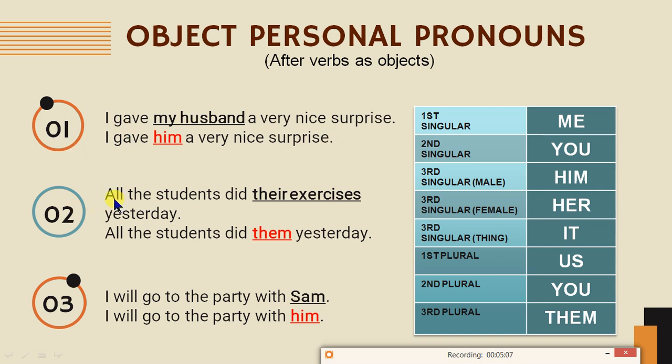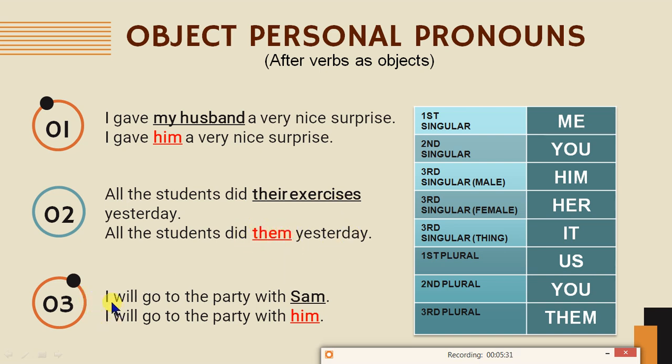Next example. All the students did their exercise yesterday. So just see the underlined words, their exercise. It means two or three persons will be there, right? So just see, all the students did them yesterday. It means their exercise is replaced by them.